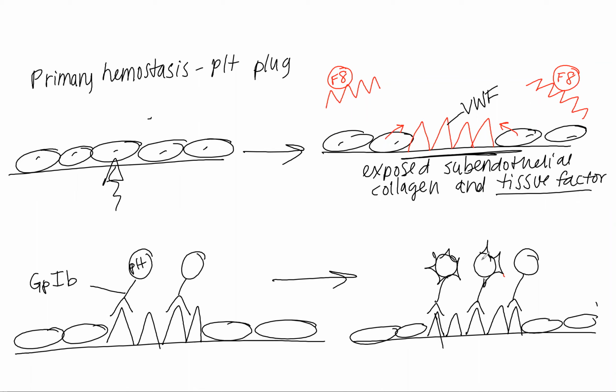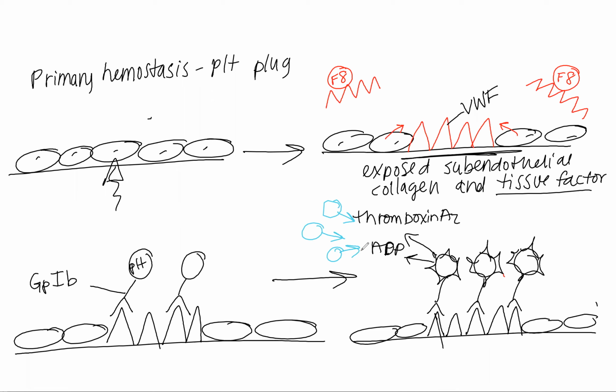So now they're spiky and activated, and three things are going to happen when they become activated. They are going to release thromboxane A2 and ADP, which are going to recruit more platelets. So these are platelets that are coming, it's going to recruit them and promote aggregation.